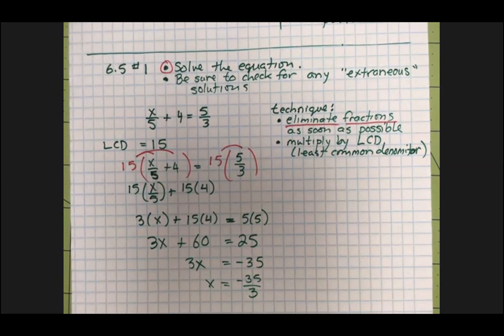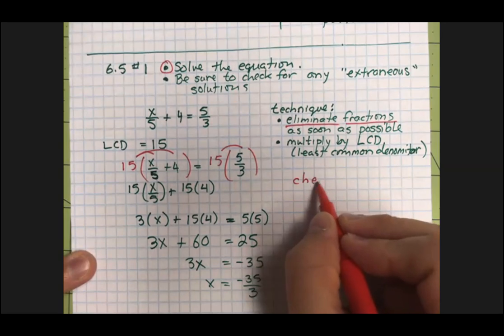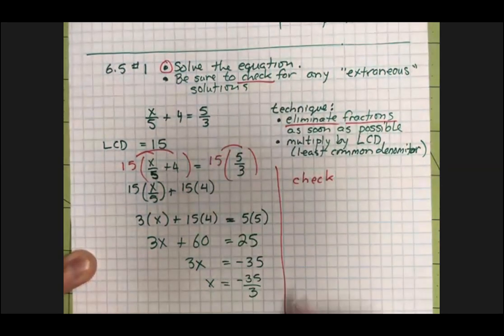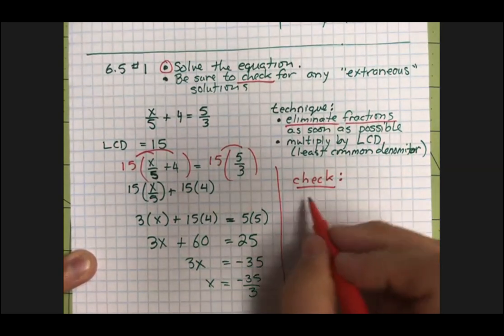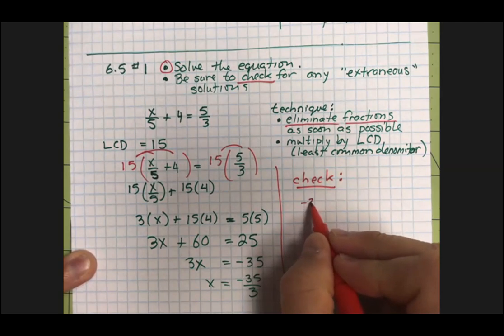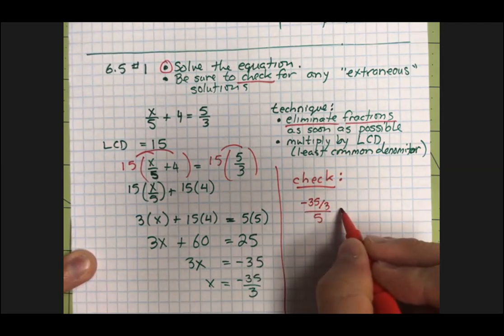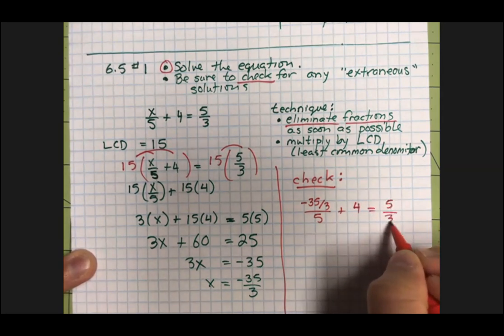Well, rather than worry about that, why don't we just physically check it and see if it works? We're checking for extraneous solution. We're checking to make sure if we actually have the answer. So minus 35 over 3 divided by 5 plus 4, is that the same as 5 over 3?